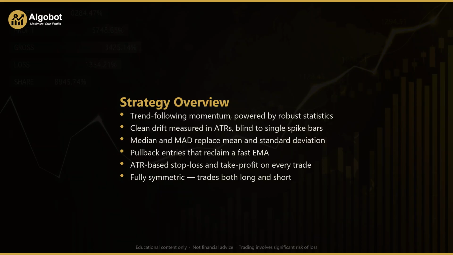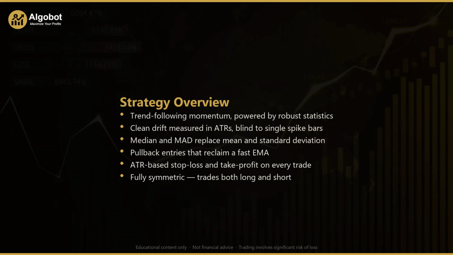Because the drift is deliberately blind to extreme spikes, it tends to flip direction only on a genuine change of regime, not on one dramatic candle that usually snaps back. This makes it well-suited to liquid, trending instruments. The developer notes describe it as designed with major foreign exchange pairs and metals in mind, on time frames from 15 minutes up to 1 hour, though the time frame is never hard-coded and simply follows whatever chart you attach it to.